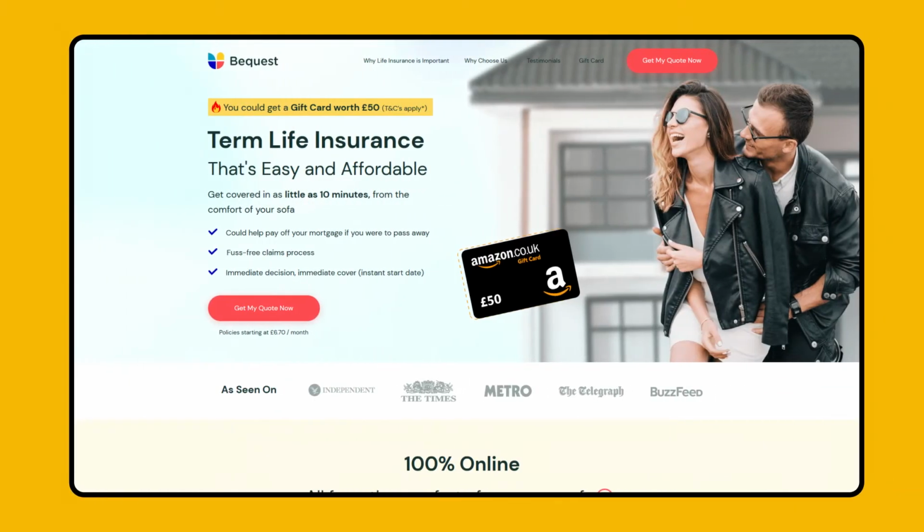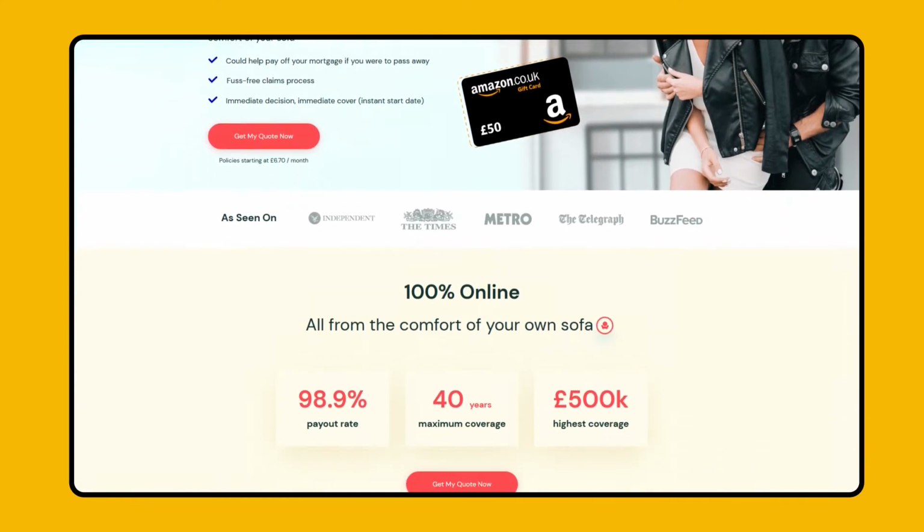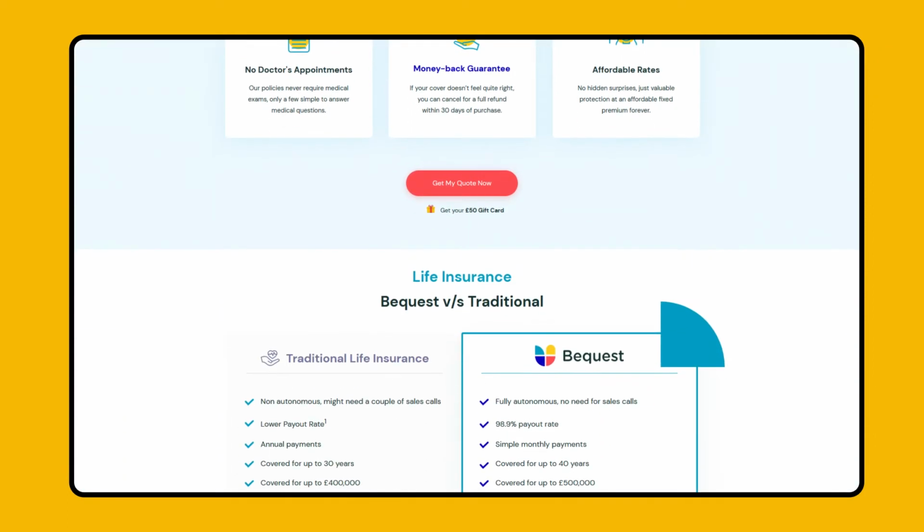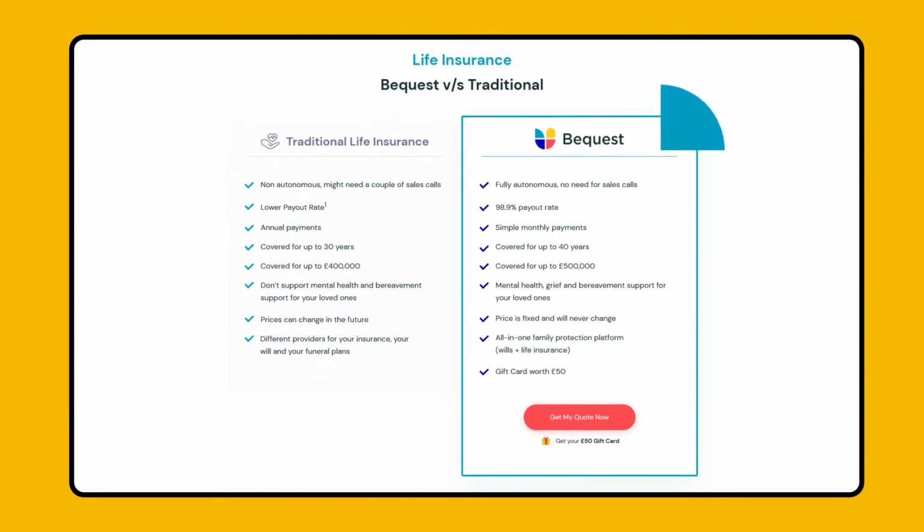These keywords show higher intent. To convert prospects into marketing qualified leads, you can use high intent keyword campaigns in Google and send qualified traffic to your landing pages. Here's an example from Bequest, where prospects who are interested in lifetime insurance convert directly into marketing qualified leads by skipping the top of the funnel stage.